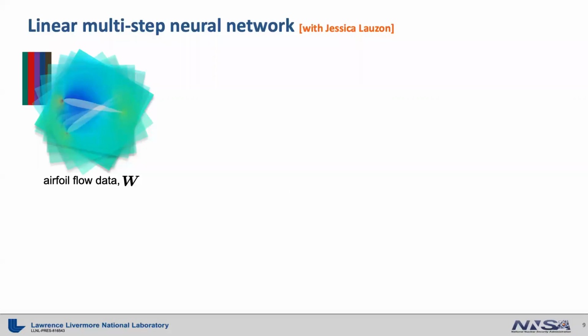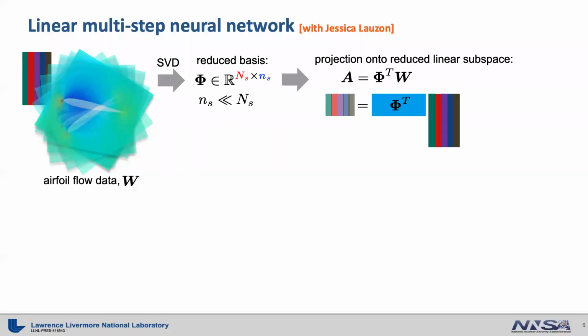This method uses a linear subspace dimensionality reduction approach, which is POD. To demonstrate that, let's say we have airfoil flow data here, depicted as W. We use singular value decomposition to obtain a reduced basis for the state variable, then project the original airfoil flow data W onto the subspace spanned by the reduced basis and obtain the reduced data A here.